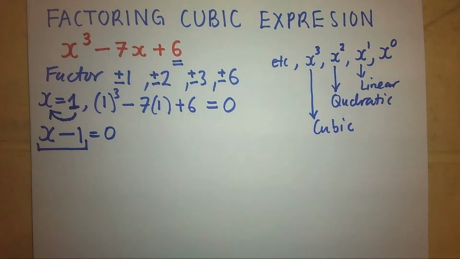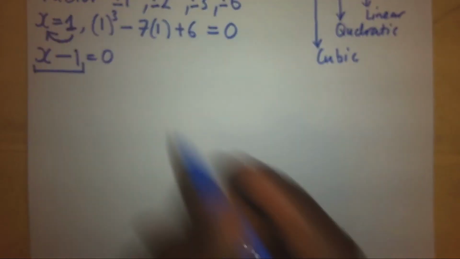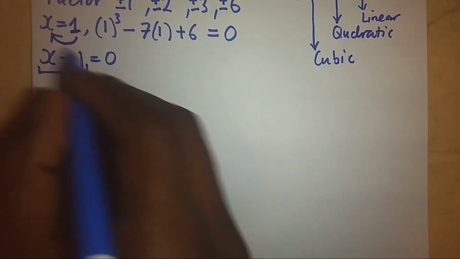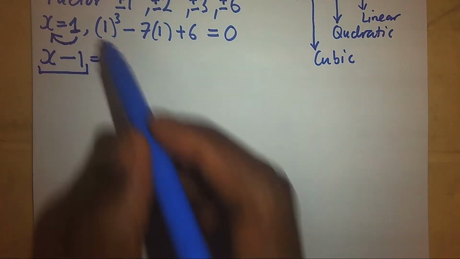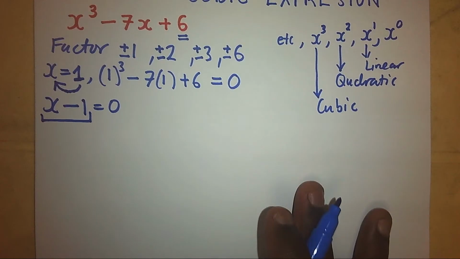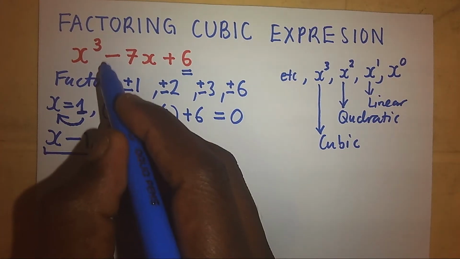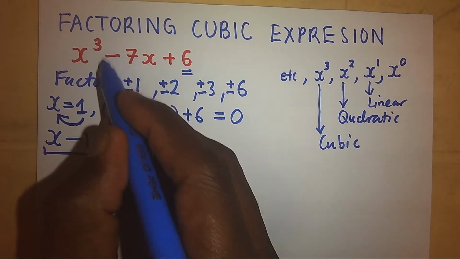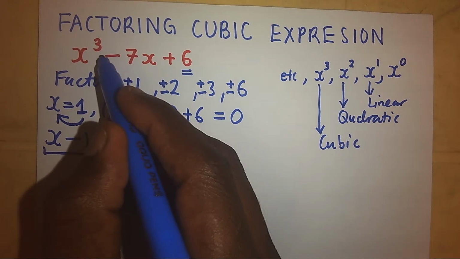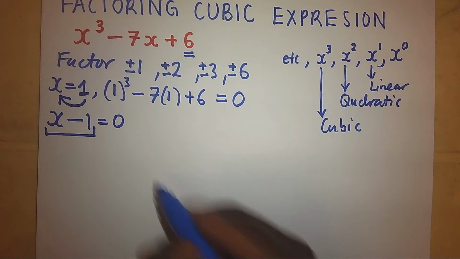So in order for me to find my other factors, I will have to subtract this, to eliminate this factor from my cubic expression. Remember, on my cubic expression question, I don't have x squared. Because I don't have x squared, it means it is represented with 0. So I will add it on like this.